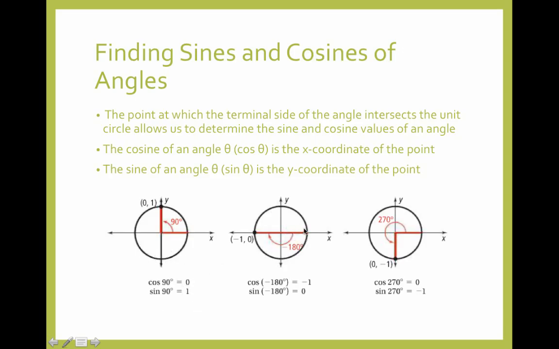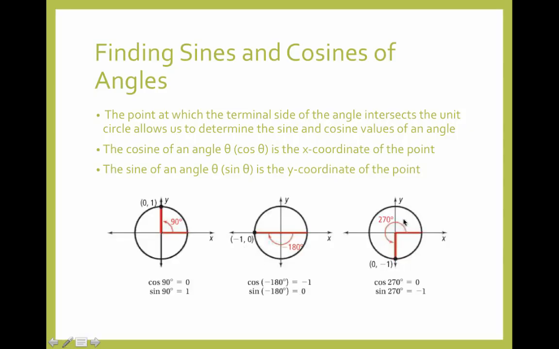So if I'm looking at negative 180 degrees, so negative 180 means that we're going clockwise instead of counterclockwise, it has a terminal side ending here, and it intersects the unit circle at (-1, 0). So that means that the cosine of negative 180 is -1, because that's the x-coordinate, and the sine of negative 180 is 0, because that's the y-coordinate.